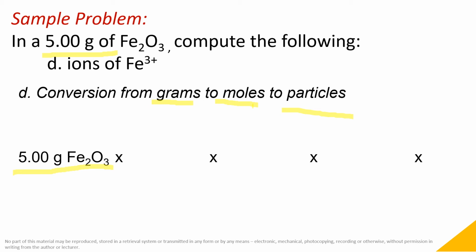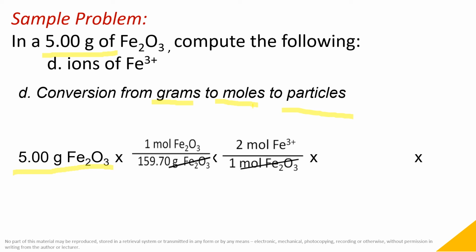On our earlier computation, in every 1 mole of ferric oxide, there are about 159.70 grams of ferric oxide. Next, we're going to get the number of moles of iron. In every 1 mole of ferric oxide, there are 2 moles of iron.